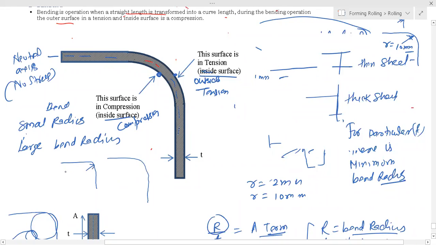So this is your smaller bend radius, R is 1 mm, and you can have a bigger one, where R may be something like 10 mm, but both are 90-degree only. This has a small bend radius, and this has a large bend radius.